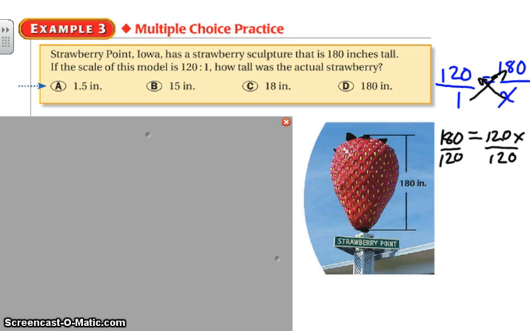Divide both sides by 120, and we end up with 1x equals, cancel, and how many 6's are in 18? And how many 6's in 12? 2. So how many inches is that? 3 halves. 1.5. So does that sound reasonable? Yes. A strawberry is about 1.5 inches?